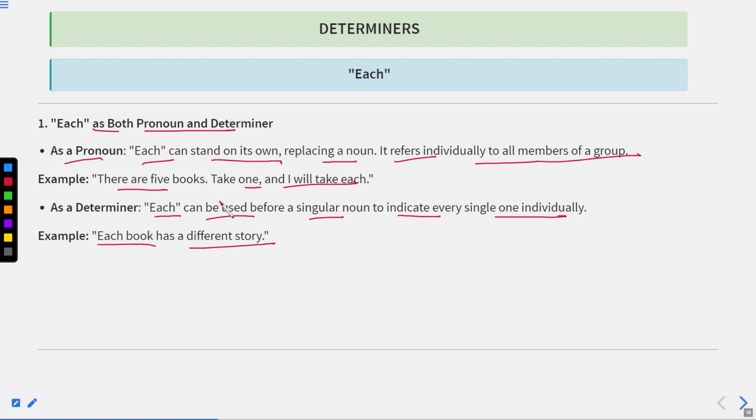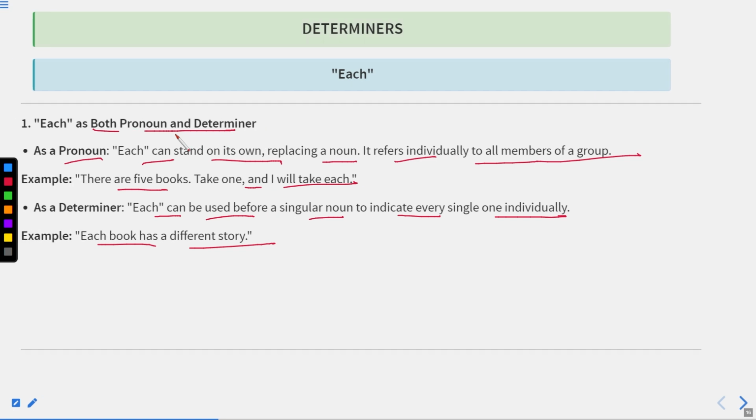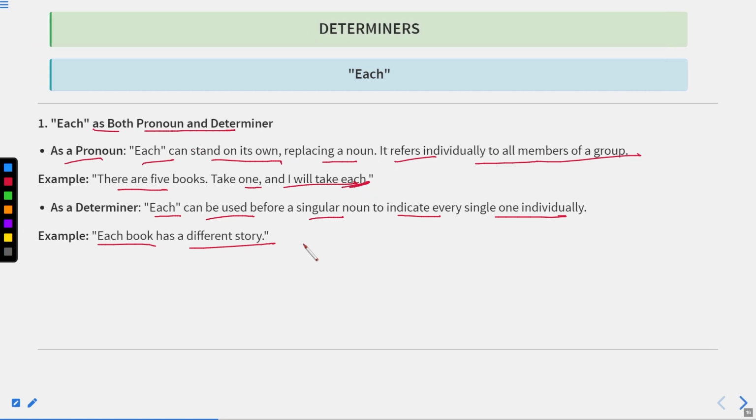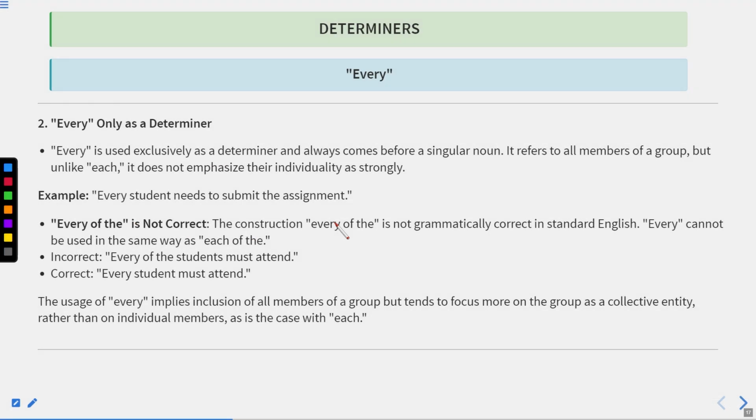We have just discussed this, and now we'll discuss something about every. Now, every is only a determiner. For example, you must have seen that each can be at the end of the sentence, but every cannot come at the end of the sentence. However, we can use every as a pronoun in the case of every of.